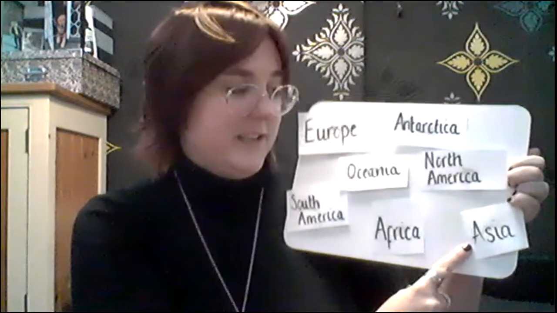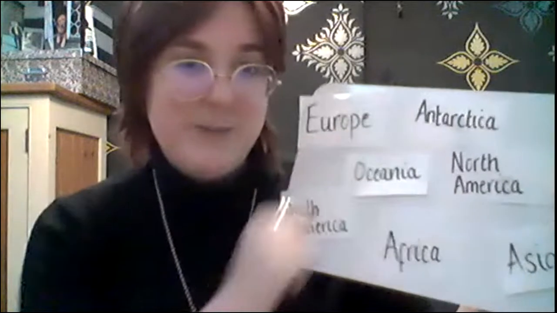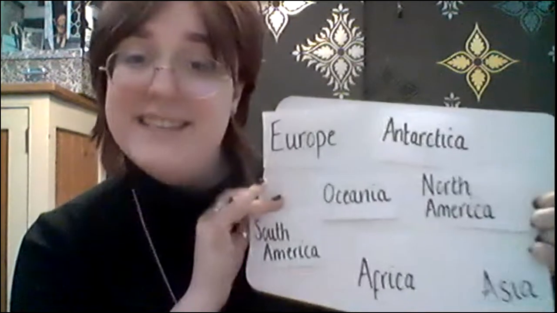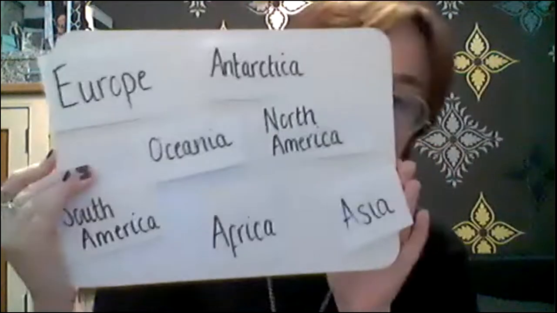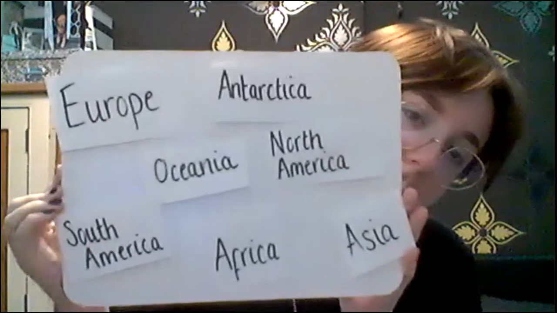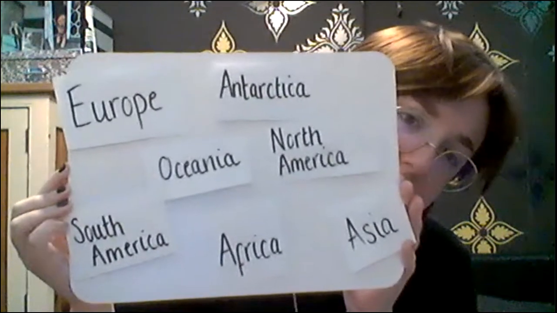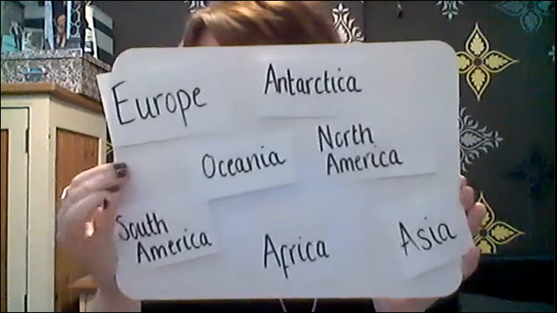And what I'm going to do is I'm going to take one away and muddle them up and see if you can find which one I've taken. So I'm going to give you a moment to look at all of them that are there and memorize the ones that are there. So pause this video if you need a little bit more time.